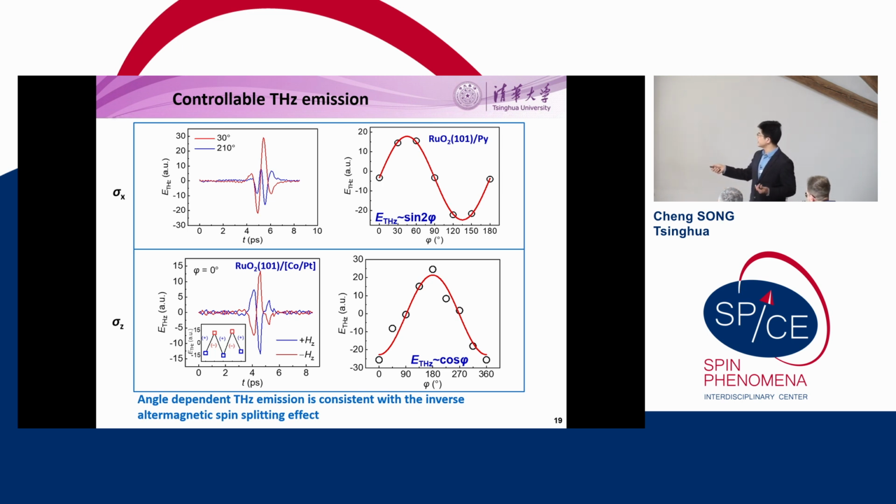Then we extract the difference between them and summarize the terahertz signal for different samples and different angles, which also satisfies the sin 2 phi relation. The terahertz measurement is more clear, there is no anomalous Hall effect here, and for the perpendicular sample, it also shows the cosine phi dependence.